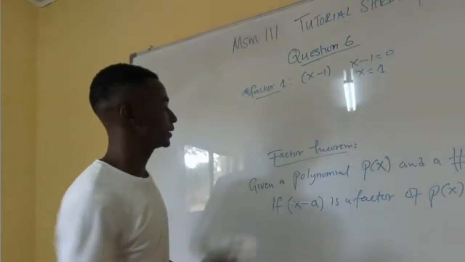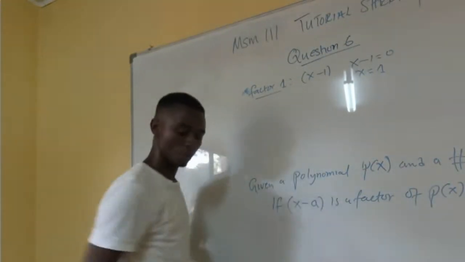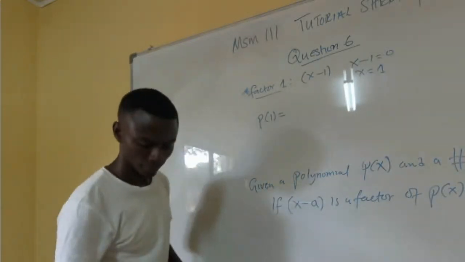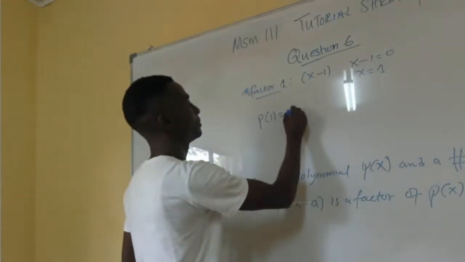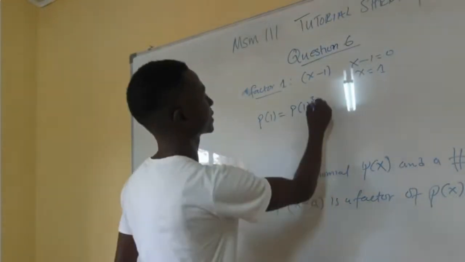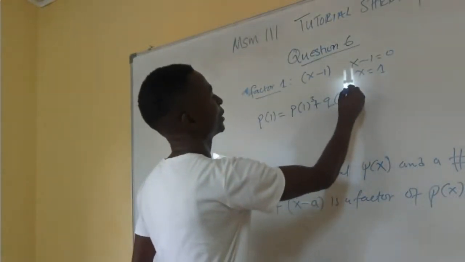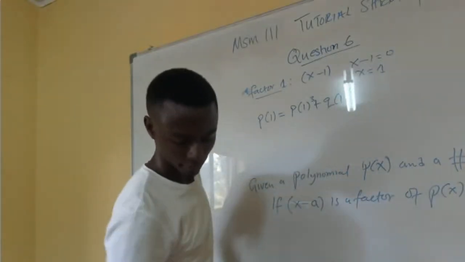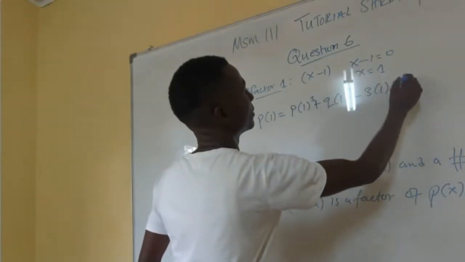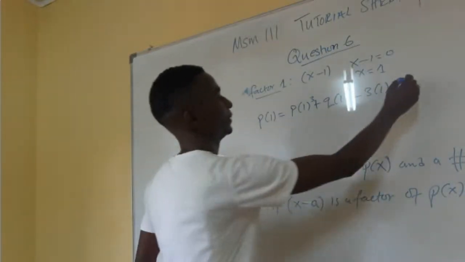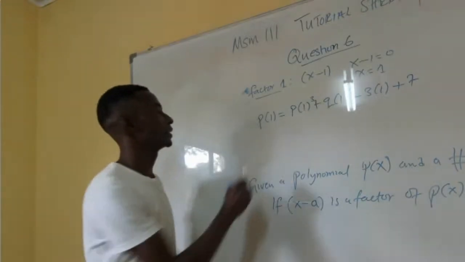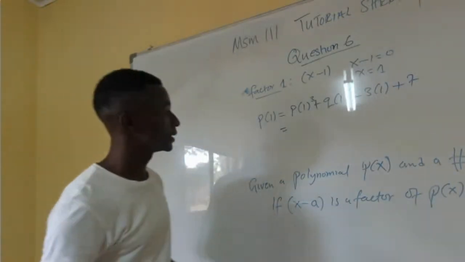So what are we having? We are having p(1) equal to p multiplied by 1 to the power 3 plus q multiplied by 1 to the power 2 minus 3 multiplied by 1 plus 7. So that's what we're having if we substitute 1 there. So now let's proceed.